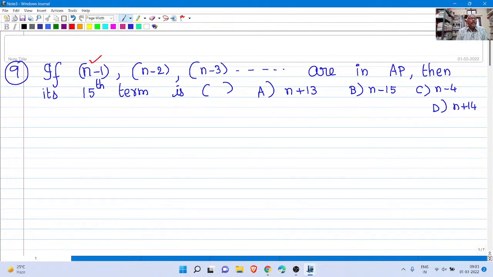Kishore, good morning, welcome. n minus 1, n minus 2, n minus 3 are in arithmetic progression. We are asked to find the 15th term.